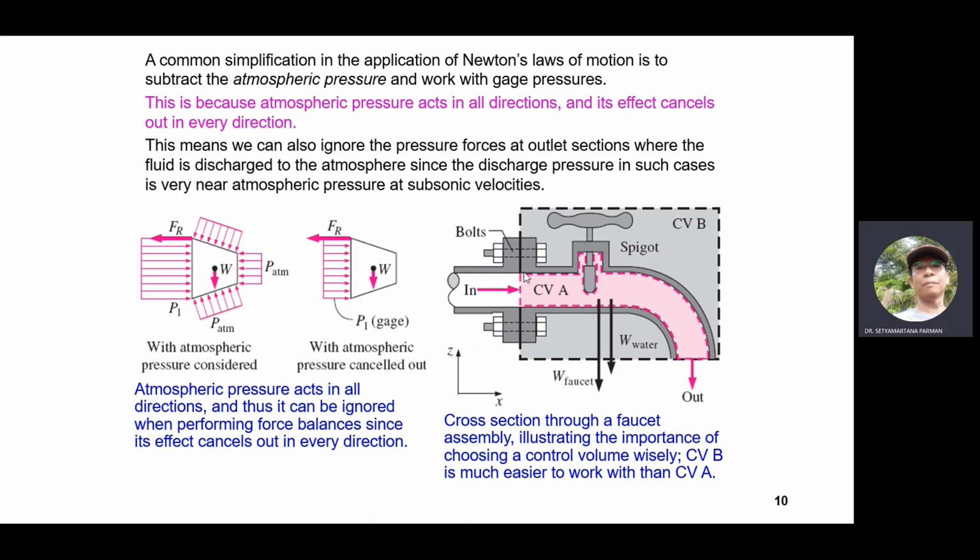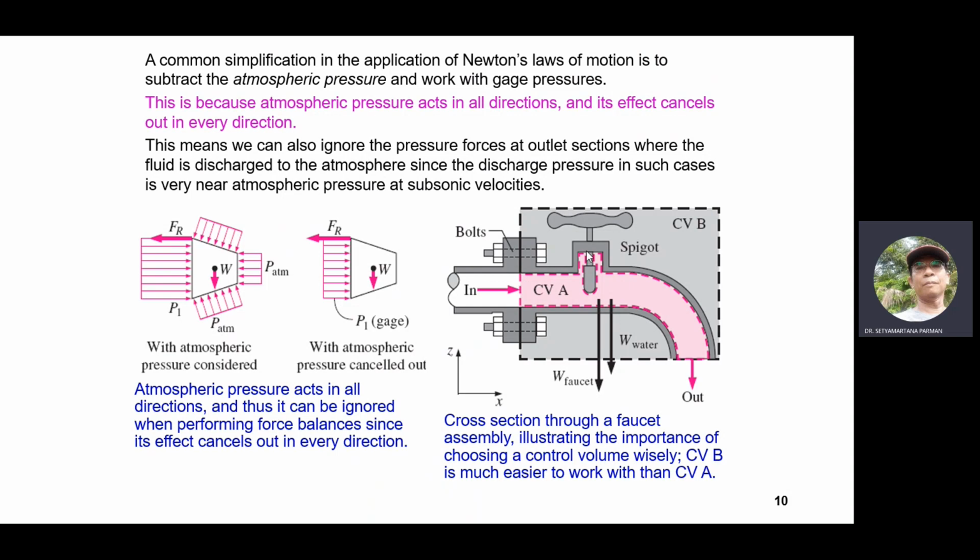We can select, for example, the red discontinuous line, or we can select the control volume using the discontinuous line with the black color.